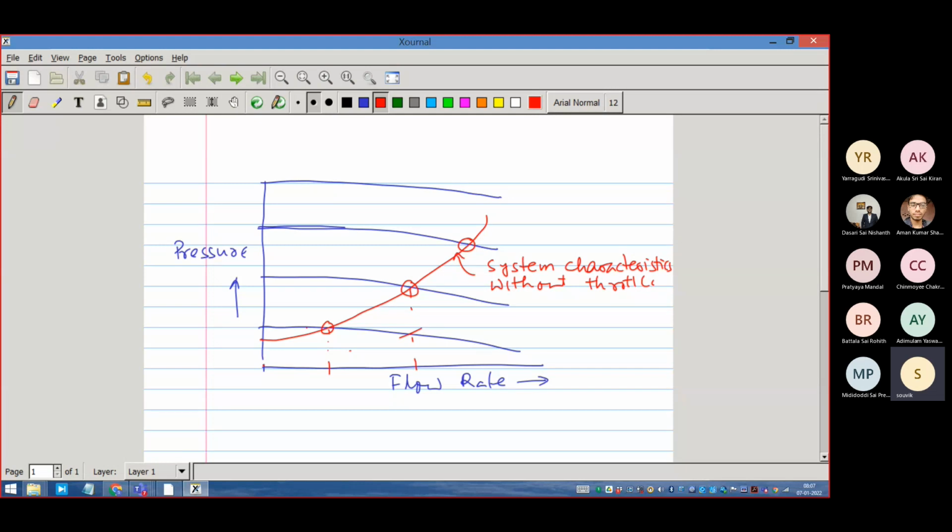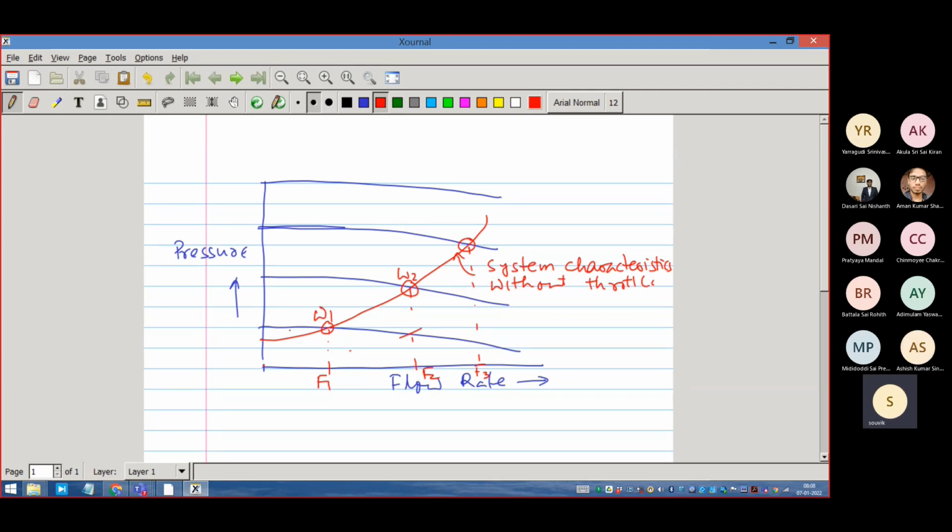This much is required. For this flow F1, this much speed is required: omega 1, F2, omega 2, F3, omega 3. Omega 3 corresponds to the head that you are developing.